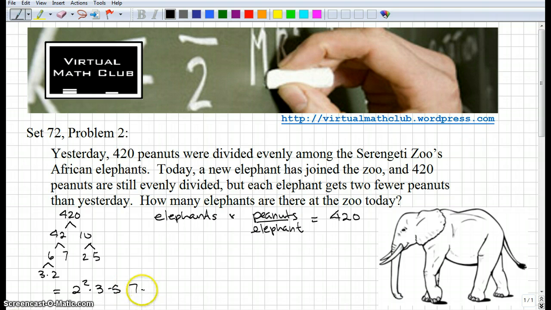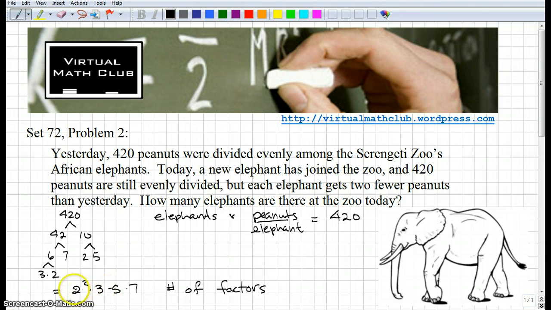But we really want all the factor pairs, so that we can figure out which factor pairs meet the criteria up here. One thing nice about having the prime factorization is I can tell how many factors there are going to be in total.